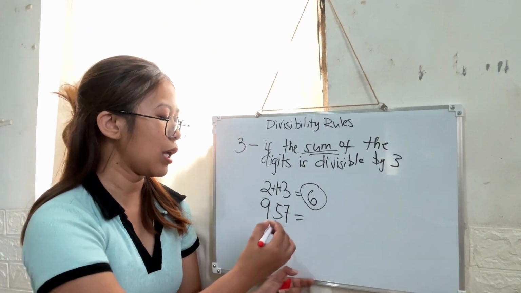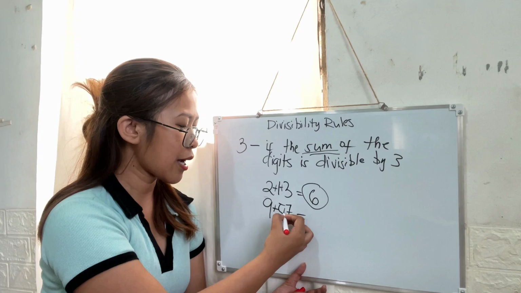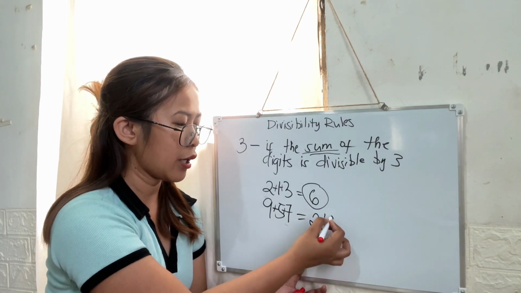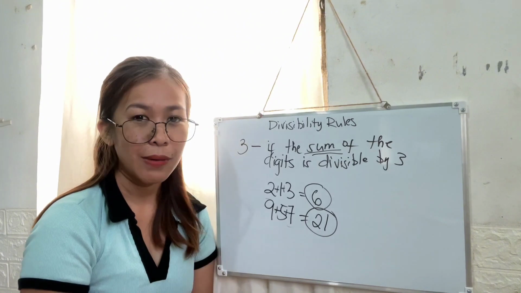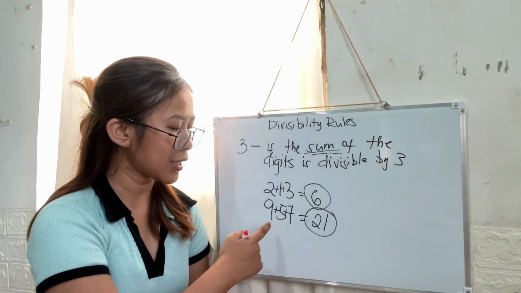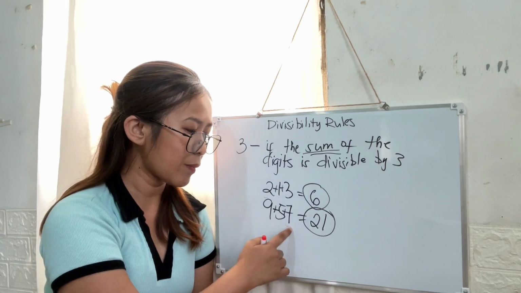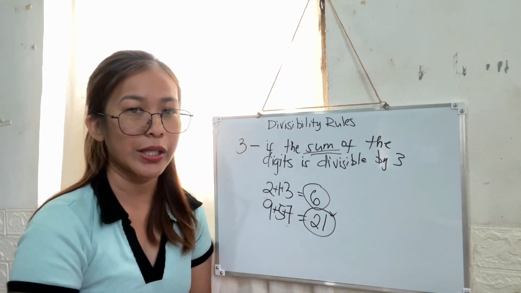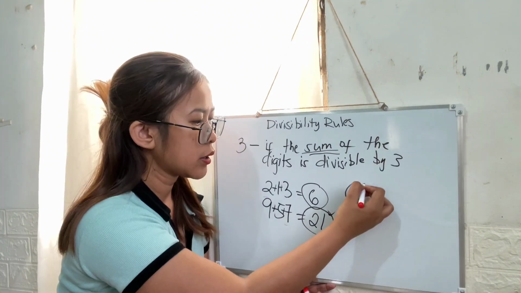So, let's add them all. 9 plus 5 is 14. Plus 7 is actually 21. And 21 is a multiple of 3 or divisible by 3. Okay? So, that's 957 and that is divisible by 3, because pinag-plus-plus natin yung mga digit and we got 21. Alright? So, let's have another example.